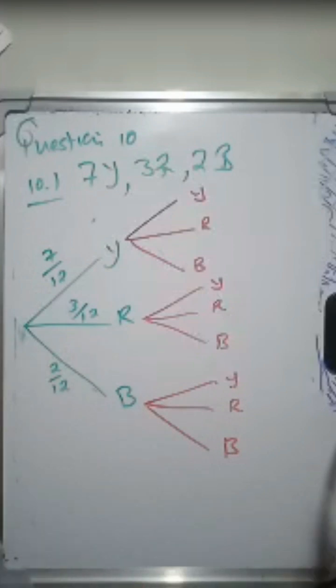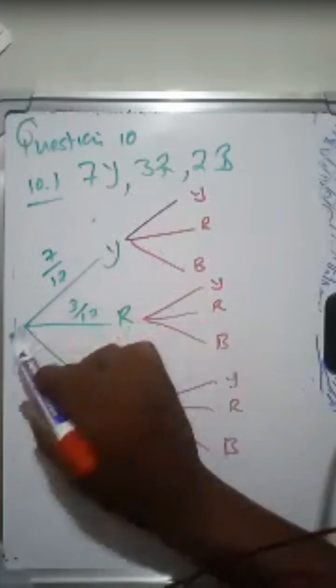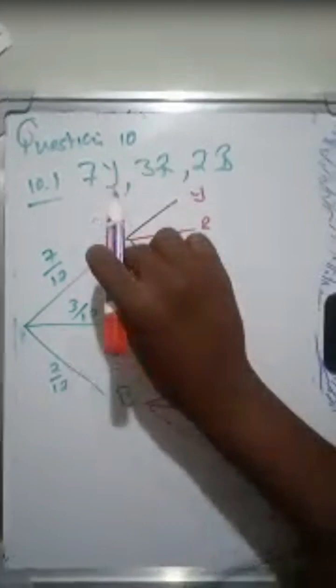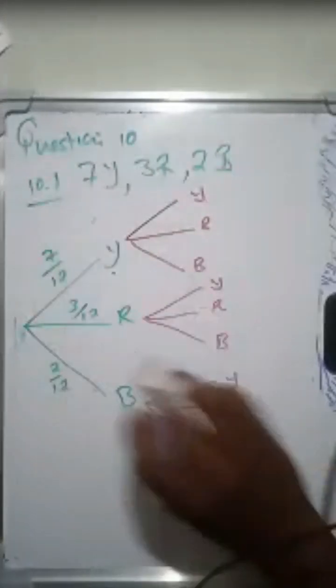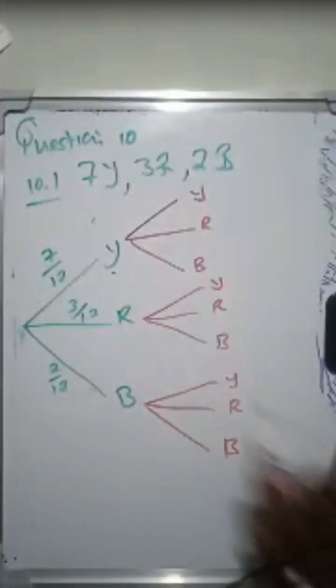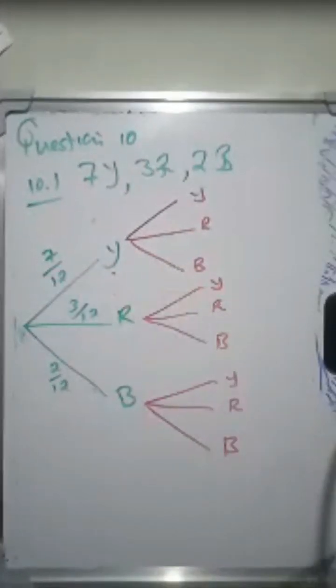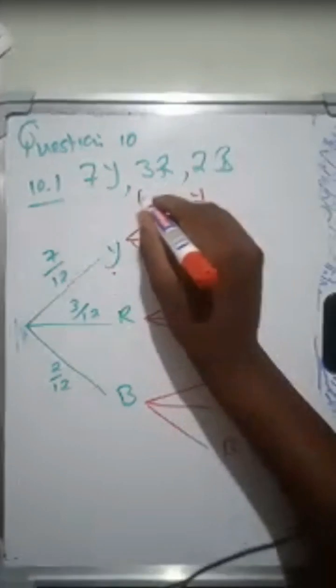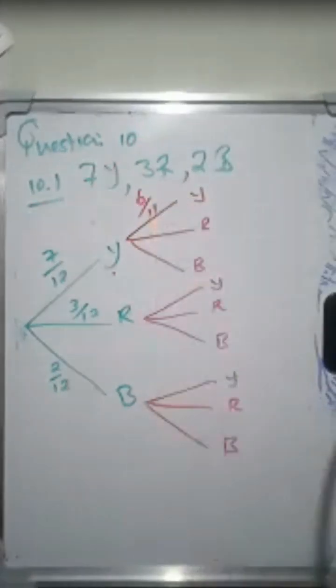So if this branch represents yellow balls, that is, in the first experiment a yellow ball was picked out, it means we are no longer having 7 yellow balls. We are now having 6 yellow balls out of 11.